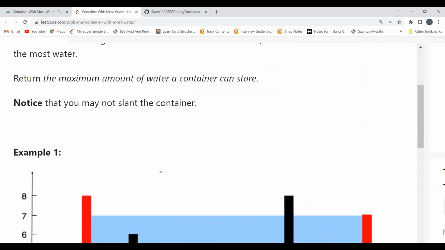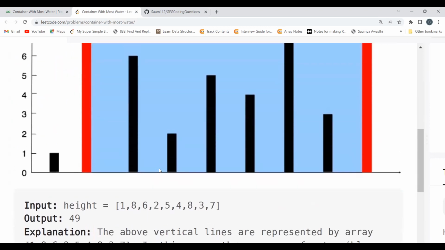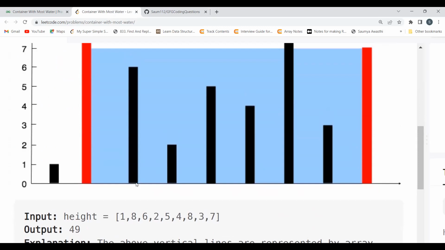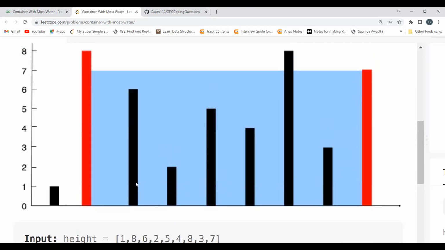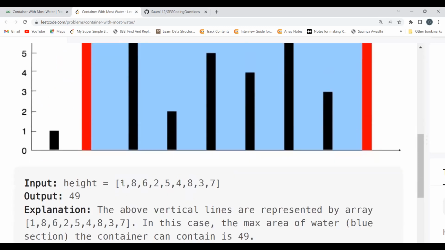As we need the maximum area, the brute force approach that will come to your mind is to pick up the first vertical line and try pairing it with the other vertical lines and calculate the area.